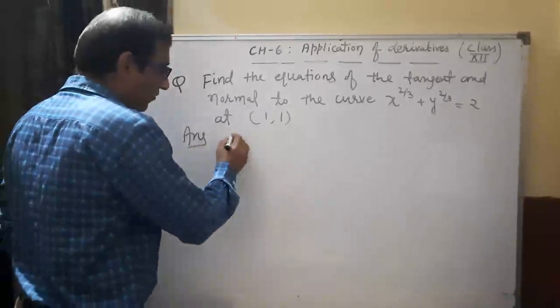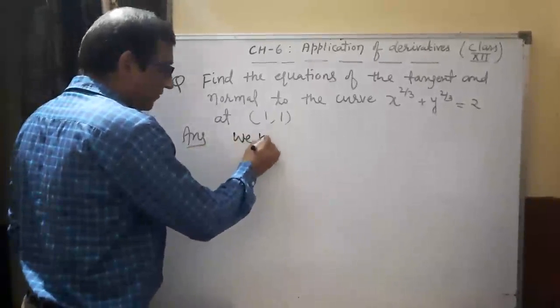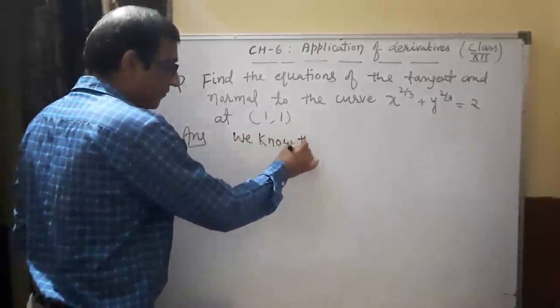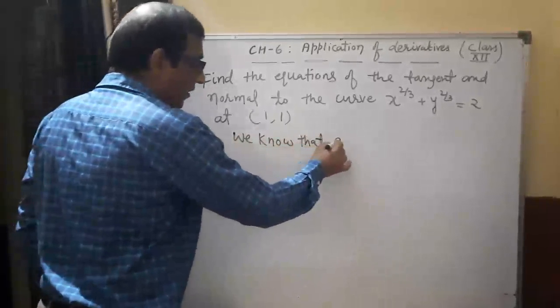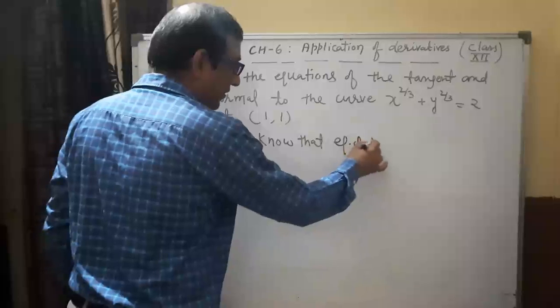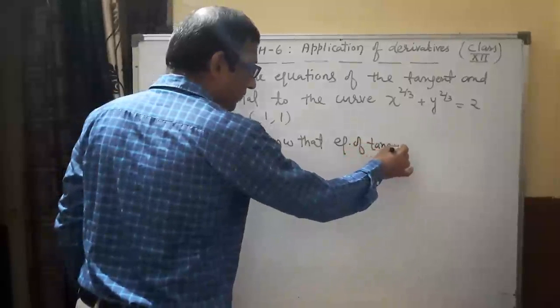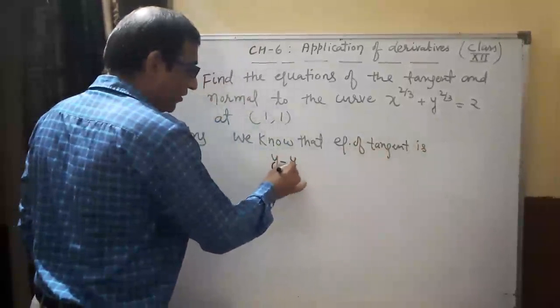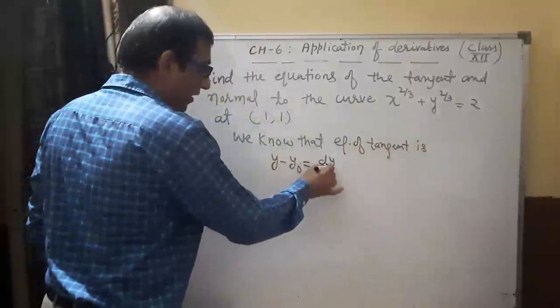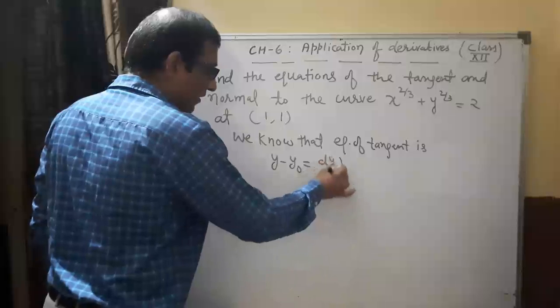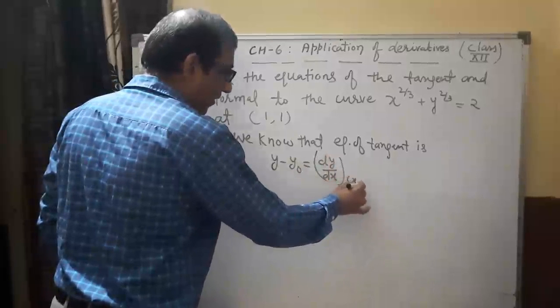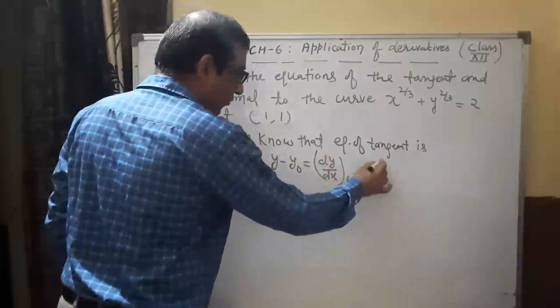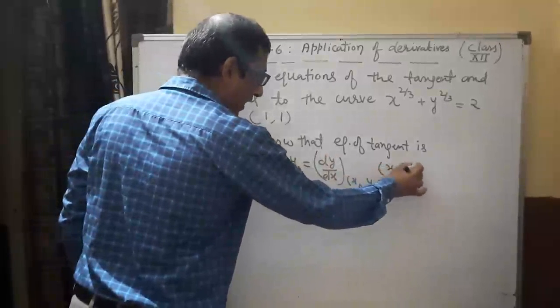First we write down, we know that the equation of the tangent is y minus y0 equals dy by dx at the point (x0, y0) times (x minus x0).